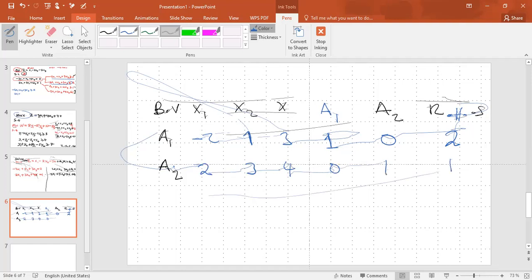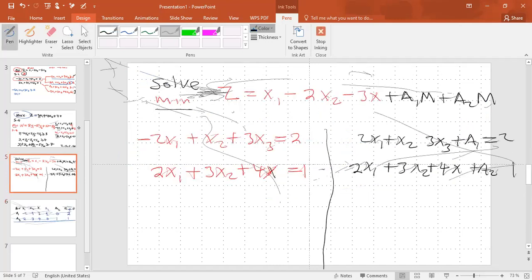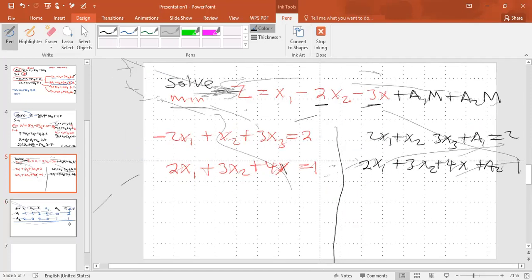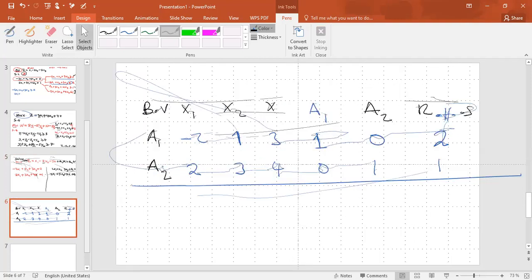Then the coefficients of z, which you put here: minus 1, minus 2, minus 3. When we are minimizing you can make your work easier. So at the top you put like C, J, to say this is your column, but this should be invisible.